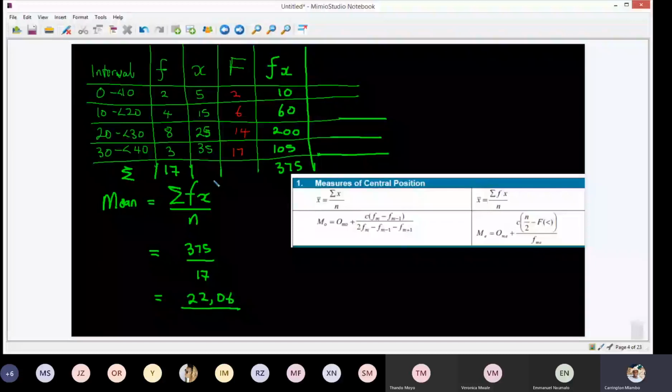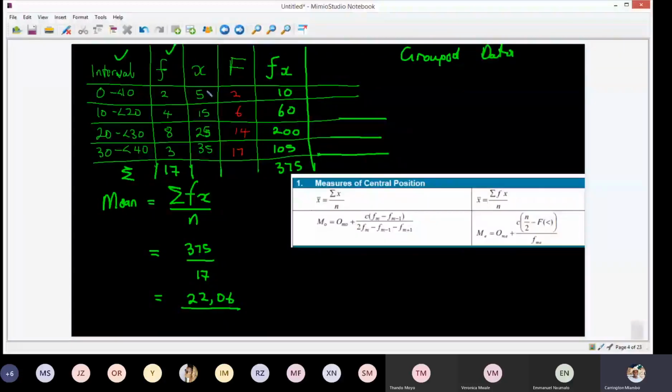For grouped data, when you deal with grouped data, you are going to get your interval and your frequency. Then the rest you have to find. X is the midpoint: 10 plus 0 divided by 2, you get 5. Then F, the capital letter, is your cumulative frequency.